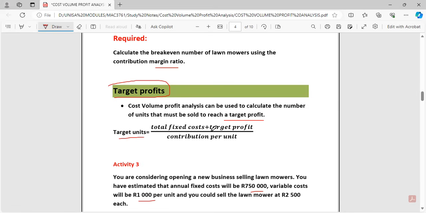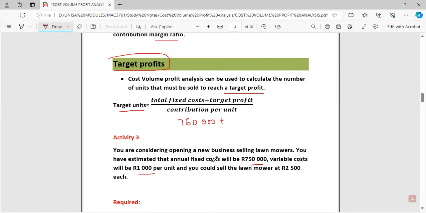So you're just going to say your total fixed cost is 750,000 plus the target profit of 150,000, over contribution per unit, which is going to be 2,500 minus 1,000. Remember, our contribution is selling price minus variable cost.